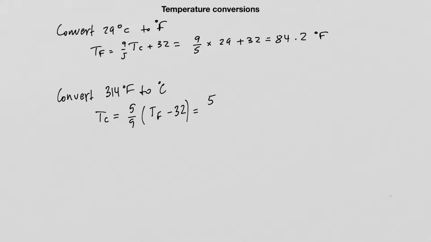So that is 5/9 multiplied by 314 minus 32, which gives me 5/9 times 282, which is equal to 156.7 degrees Celsius. So here again, we first do the operation in the parentheses, subtract 32 from the Fahrenheit temperature, and then we multiply the result by 5/9.